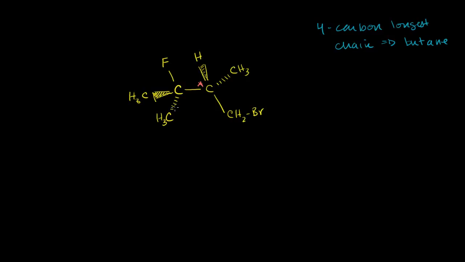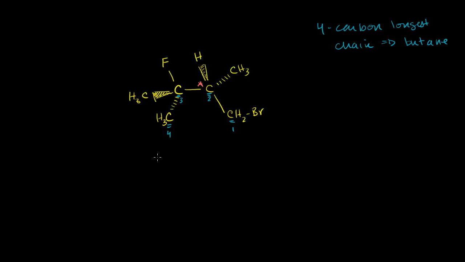So what we're going to do is use this carbon, this carbon, this carbon, and that carbon as our longest chain. And we want to start from the end that is closest to something being attached to it. And that bromine's right there. So this is going to be our number 1 carbon, our number 2 carbon, our number 3 carbon, and our number 4 carbon.